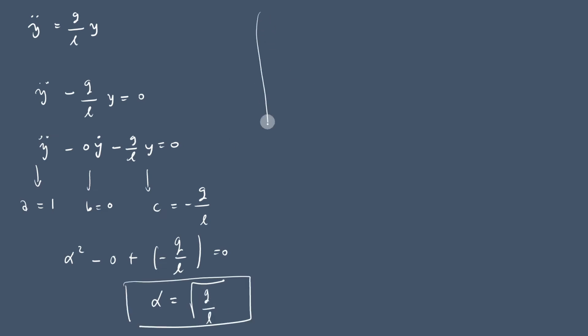The solution of the differential equation is y as a function of t equals A e to the alpha t plus B e to the minus alpha t.